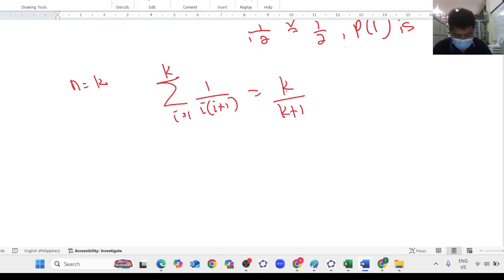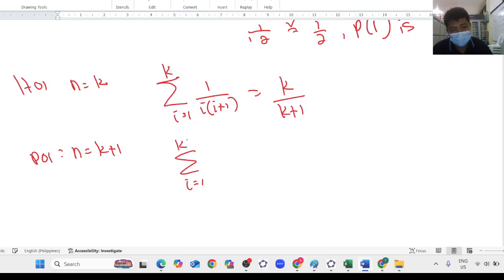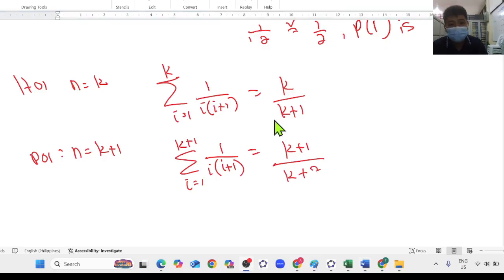Here, by the inductive hypothesis, n is equal to k plus 1, we have the summation of i equal to 1 to k plus 1 of 1 over i times i plus 1 equal to k plus 1 over k plus 2. Okay, sorry. So this is our target actually.